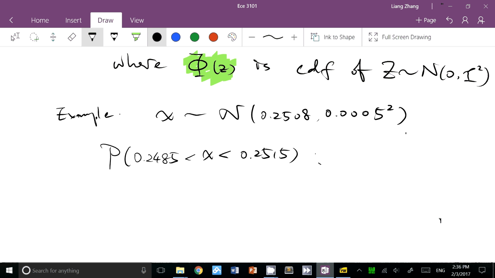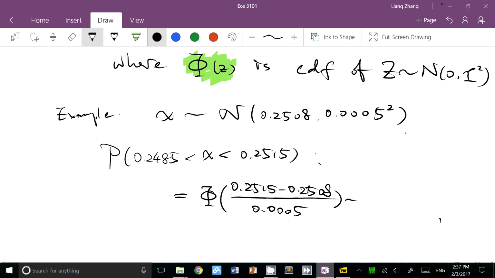Through our calculation, we need to do the standardization. So we take the standardization of 0.2515 minus 0.2508 divided by the standard deviation 0.0005, minus phi of 0.2485 minus 0.2508 over 0.0005.